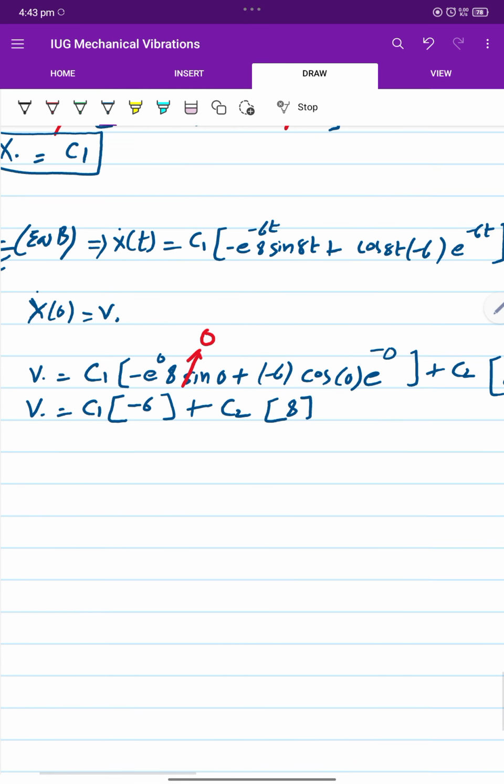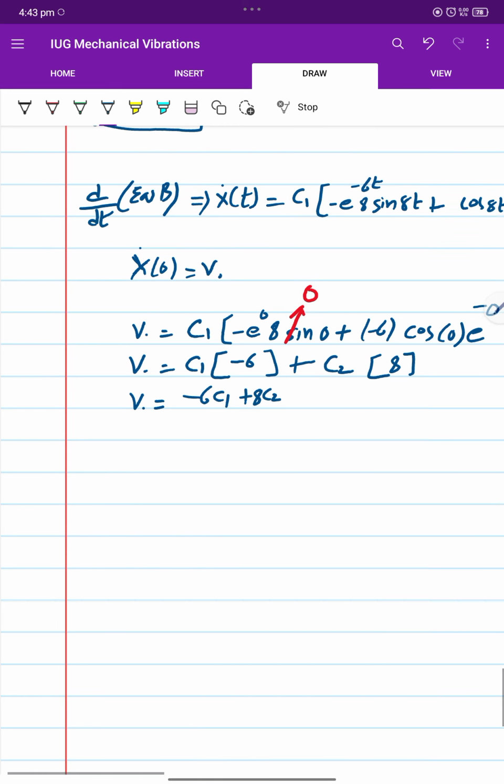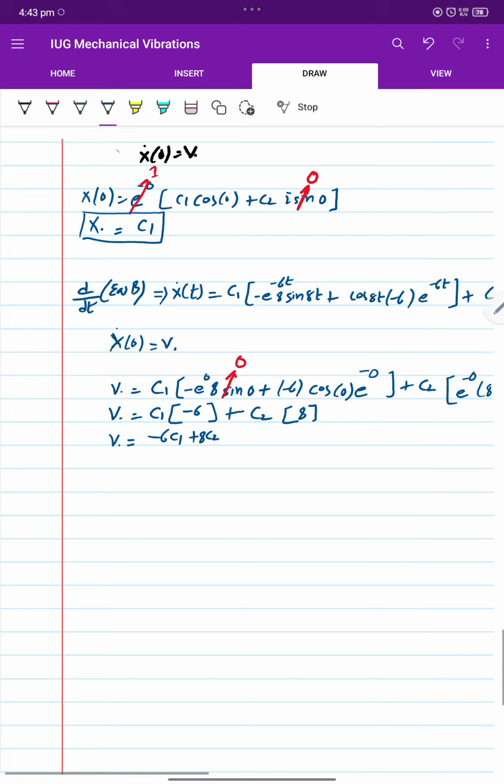So our new equation is v naught equals minus 6c1 plus 8c2.